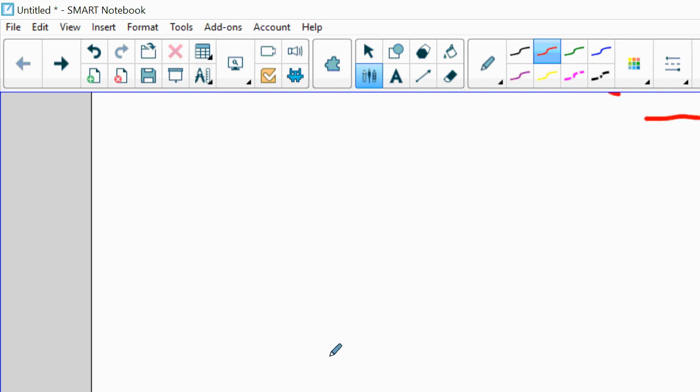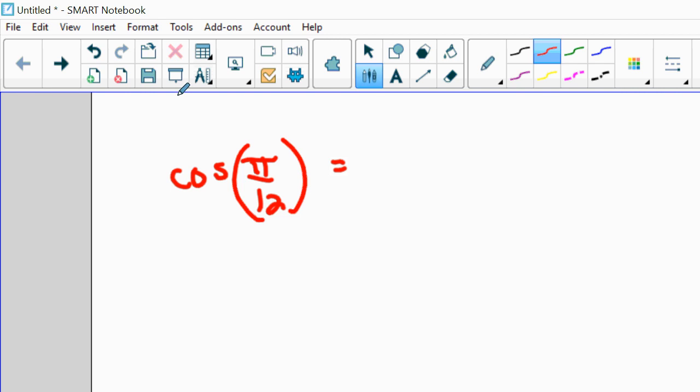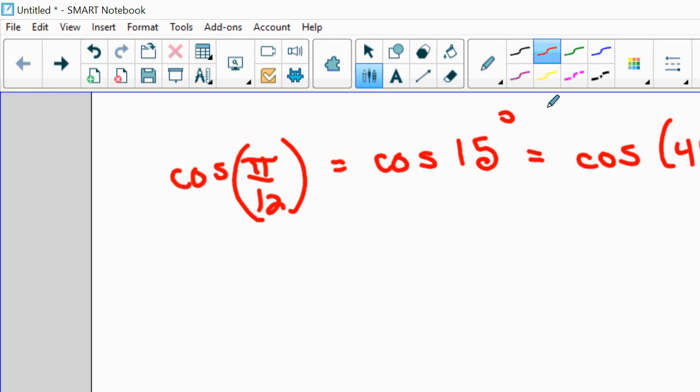Now, you've got the corresponding problems that go with it, like the cosine of pi over 12. I don't like these types of problems, but pi over 6 is 30 degrees, so pi over 12 means they're really asking me cosine of 15. I could work it like this, 45 minus 30, from a previous section, but how about going like this: cosine of 30 divided by 2.